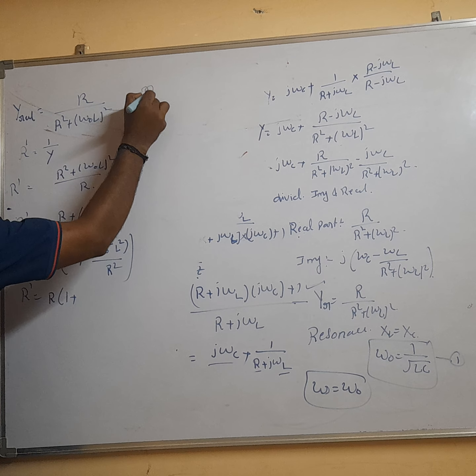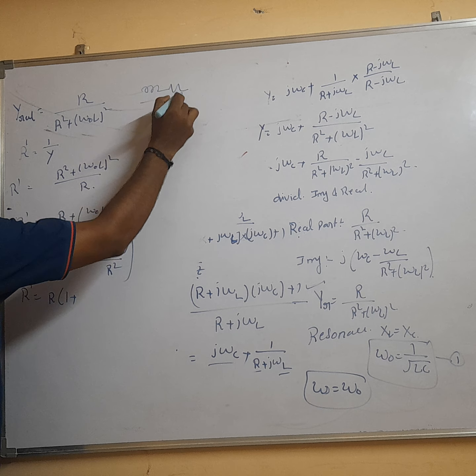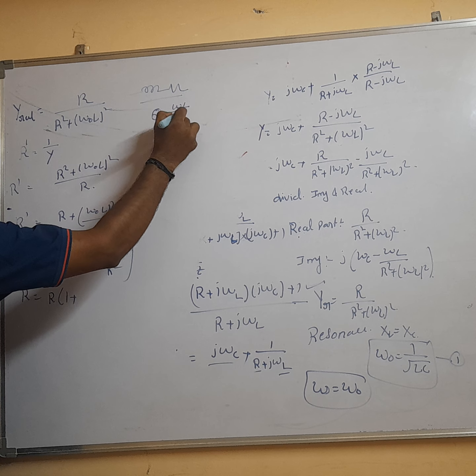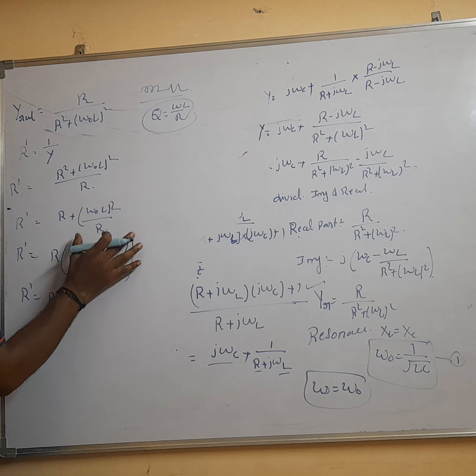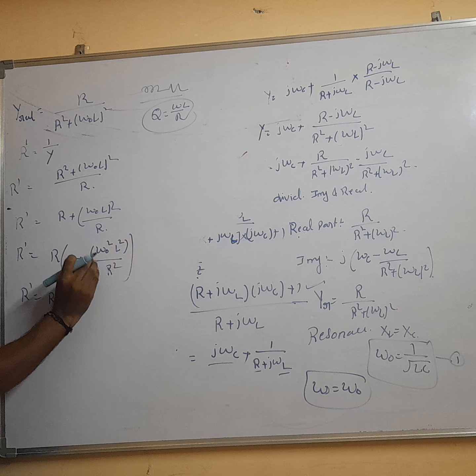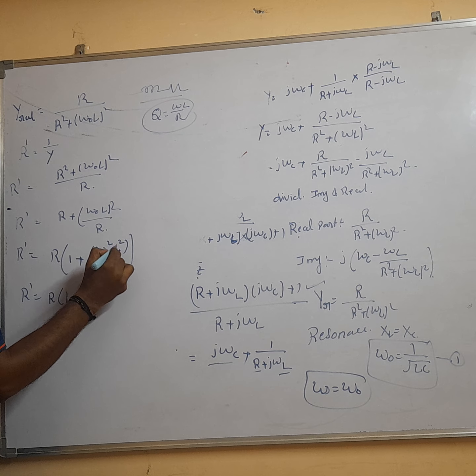For example, when R and L are connected in series, the quality factor is equal to omega naught L by R. So this is the quality factor formula.